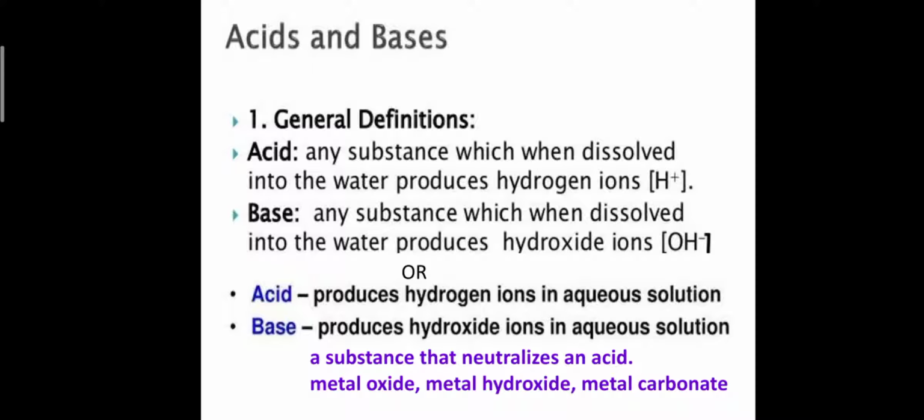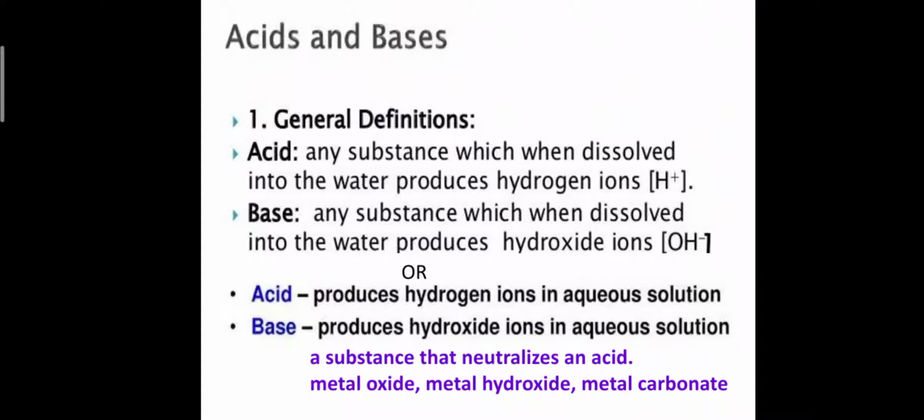Acids and bases. Now, the general definitions: an acid is any substance which, when dissolved in water, produces hydrogen ions, that is H+, and a base is any substance which, when dissolved in water, produces hydroxide ions, that is OH-.